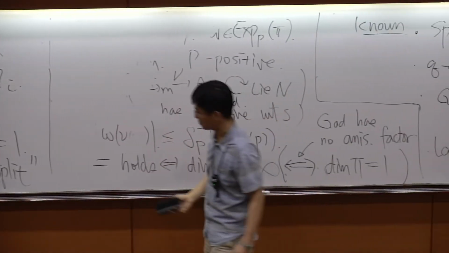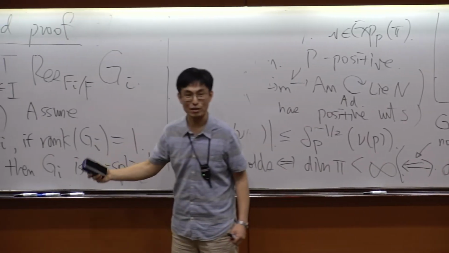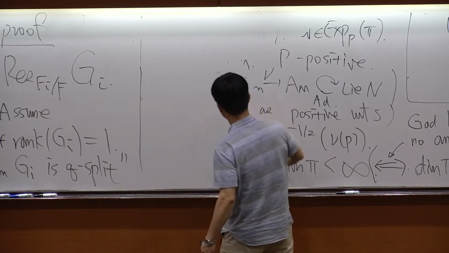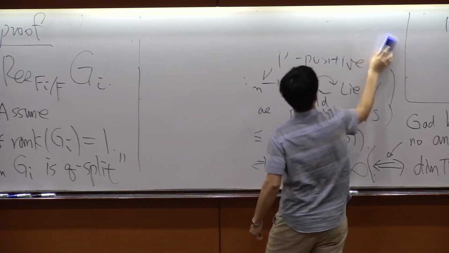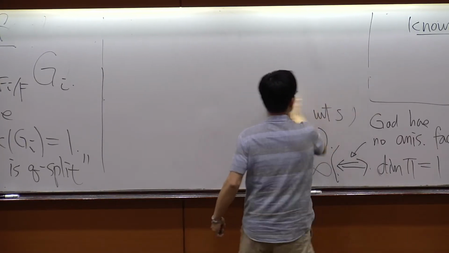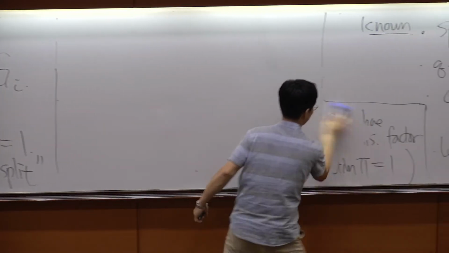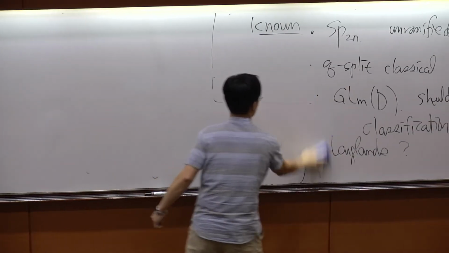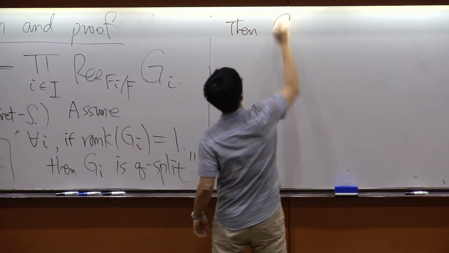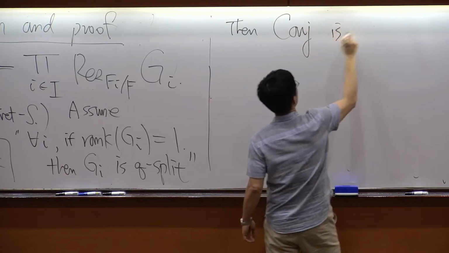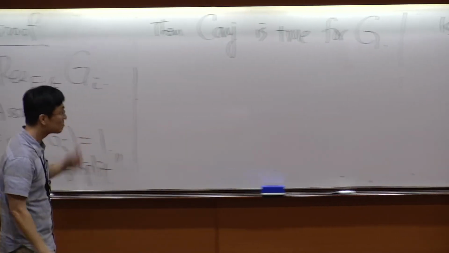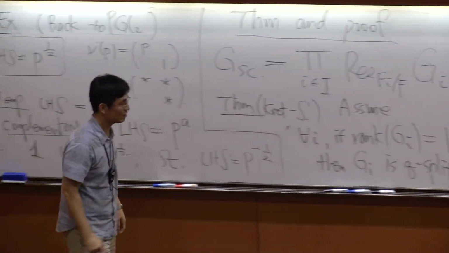This is one of those instances where higher rank groups are easier, and you'll see that. They're not always more difficult. I didn't state the conclusion: then the conjecture is true for G. So that's the only condition.